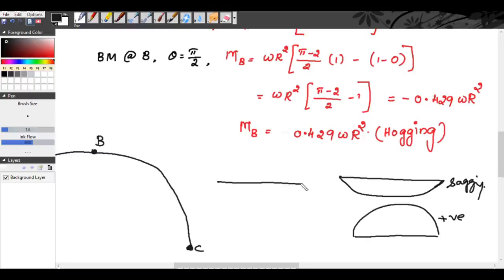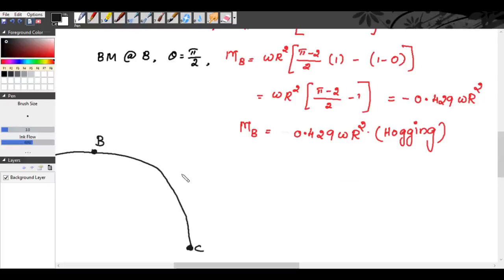If the deflection is hogging, you will have the deflection like this, and your bending moment will be negative. You will be drawing the bending moment below, at the bottom. So remember this. If it is hogging, your bending moment comes below.